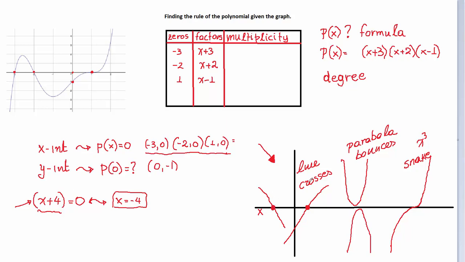In this case, what we have is just a crossing. So the curve crosses the x-axis. It reminds us of a line, and remember, a line has degree 1. So in this case, the specific 0 that we're working with, we say that it has multiplicity 1.